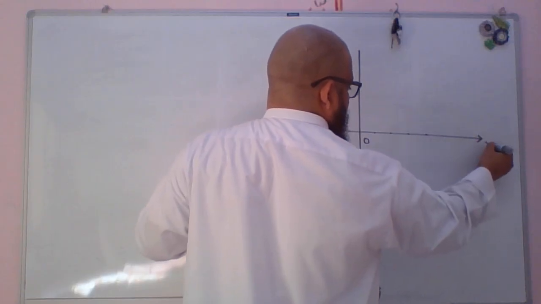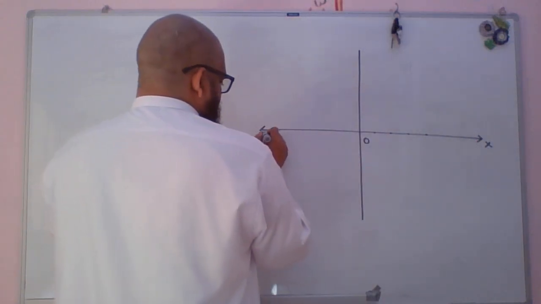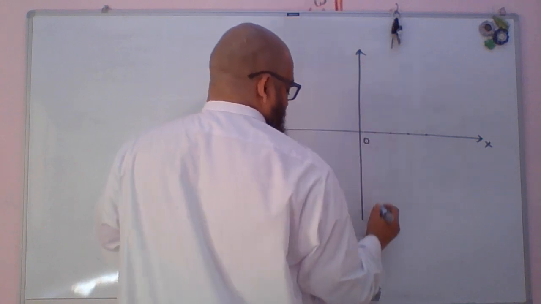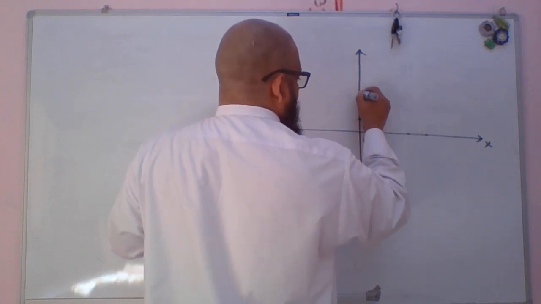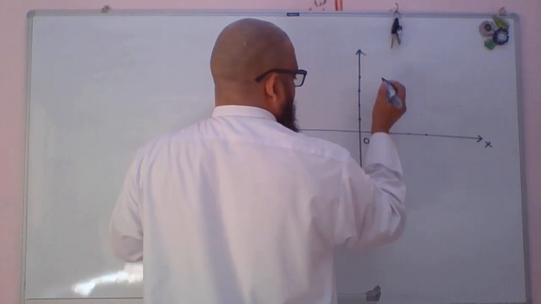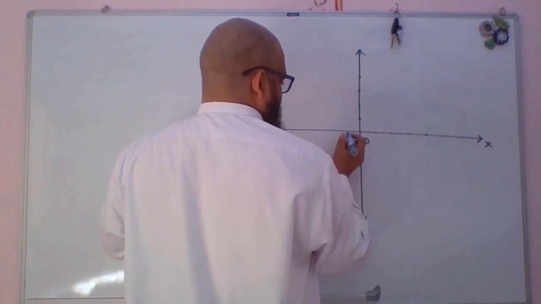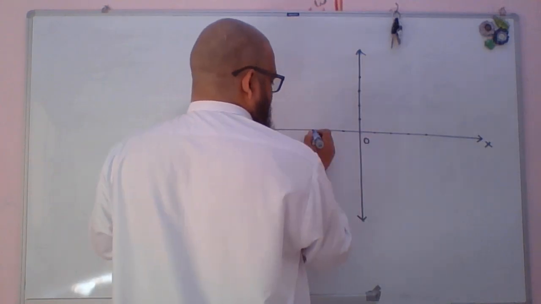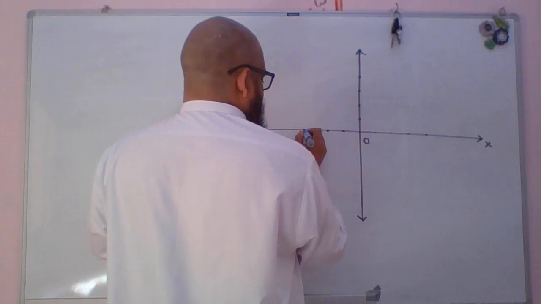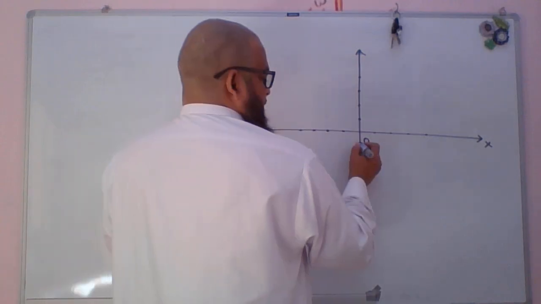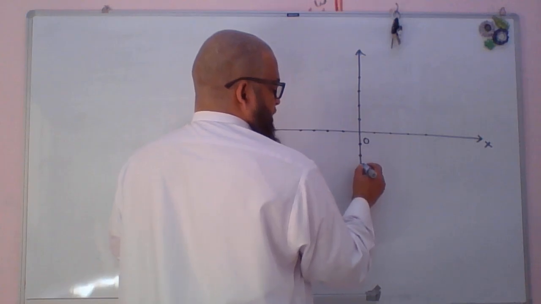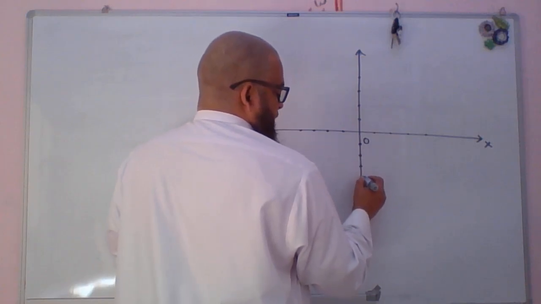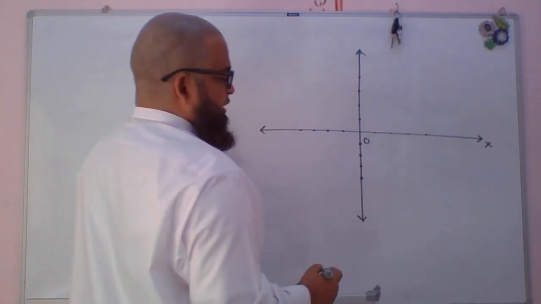This is the x-axis, and this is the y-axis, and this is also 1, 2, 3, 4 on the positive side, and you have -1, -2, -3 and -4 on the negative x side, and you have the negative points on the bottom of the y-axis under the origin.